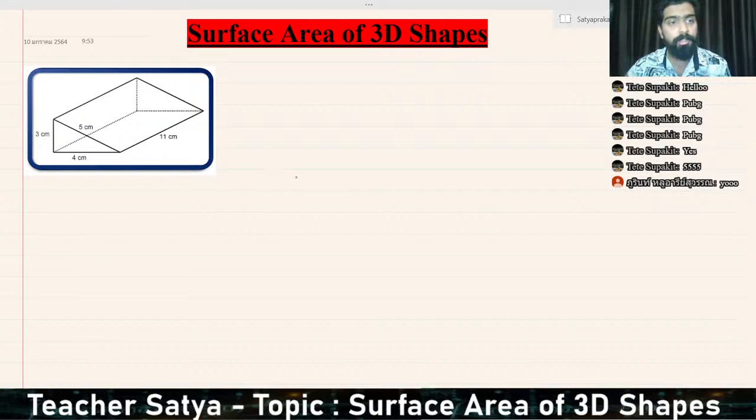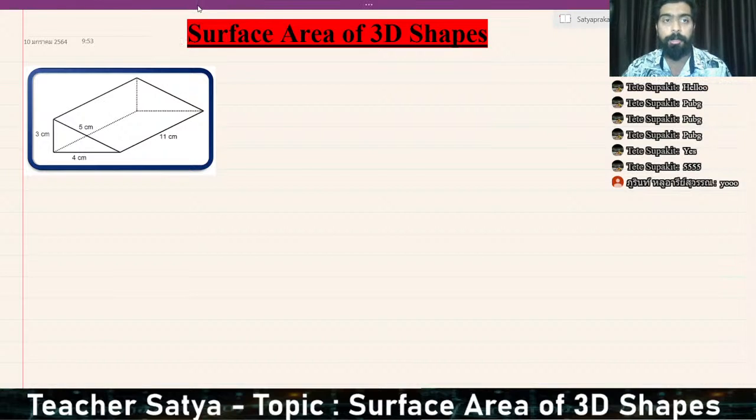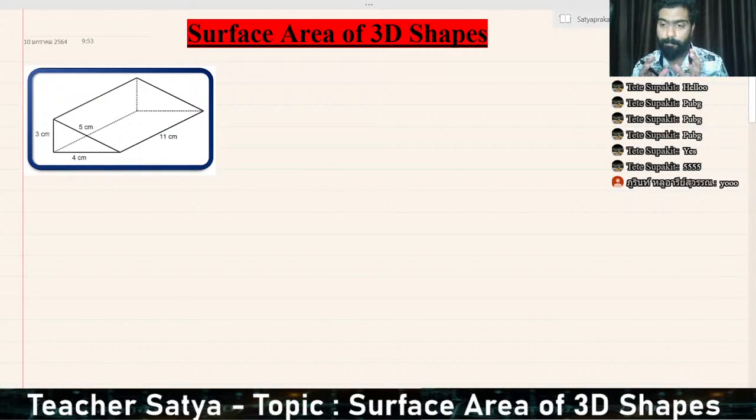So as you see here, we have a triangular prism, right, guys? Now, in order to find the total surface area of any figure, it's pretty much the area of all of its sides.